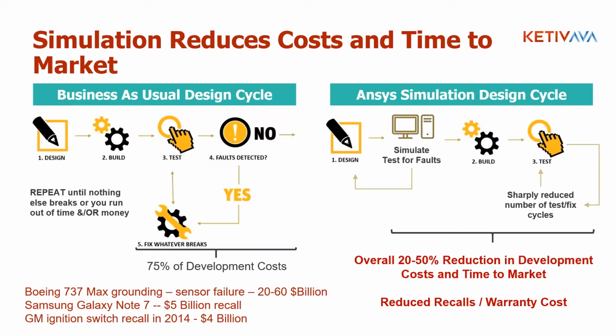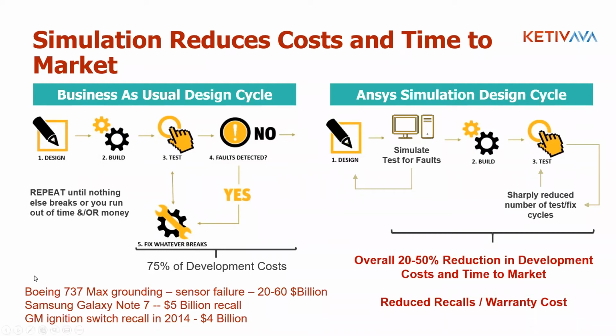And as a result of your simulation, we can severely reduce the number of test and fix cycles and reduce the product development cost in terms of the number of prototypes that we're cycling through, as well as reducing time to market. In addition, you also can improve the product as well, just in terms of its functionality, the number of conditions it can handle, and reduce warranty costs and potential for recalls.